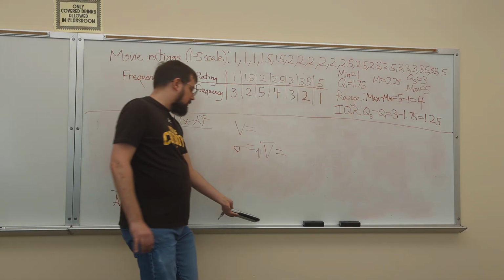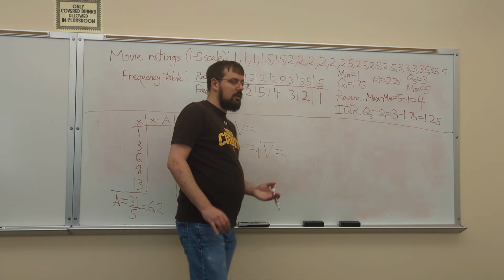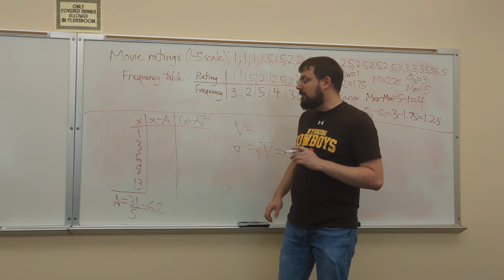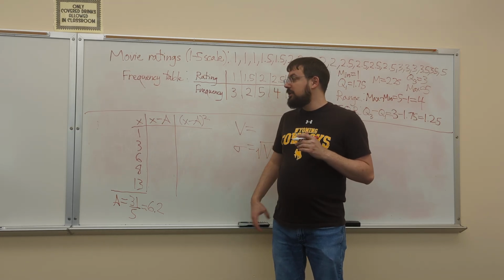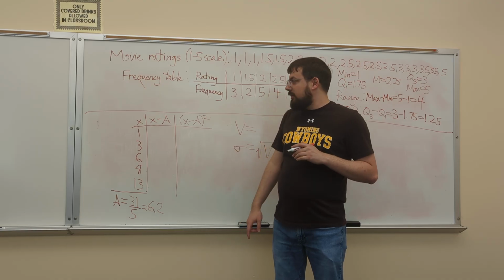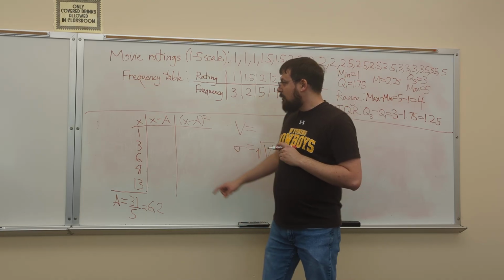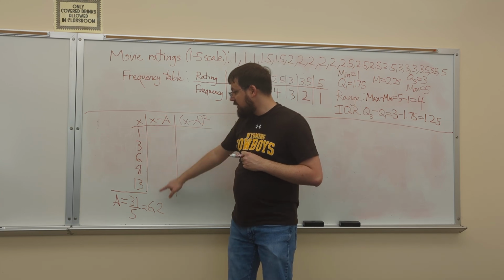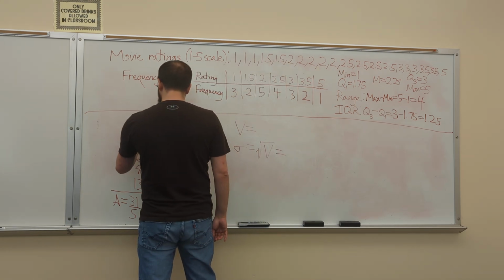The next step is we are going to figure out what we call the deviations. The deviations are basically just how far away from the average all of our data points are. So what we're going to do is x minus a for all of these. So 1 minus 6.2, that would be negative 5.2.